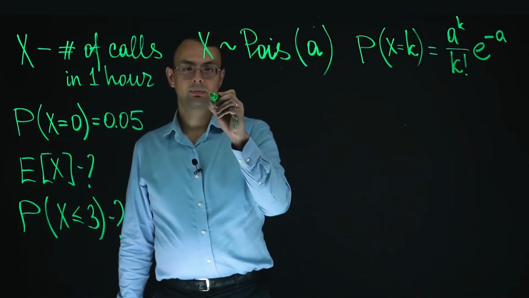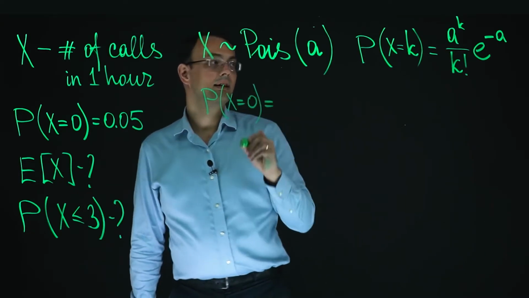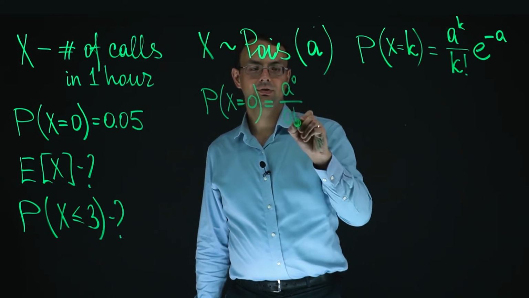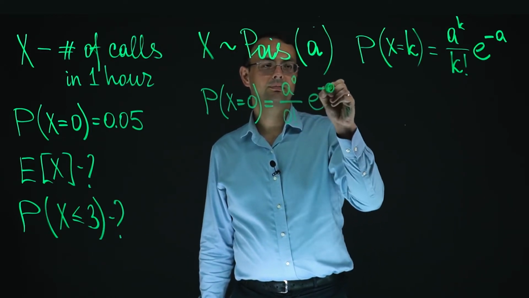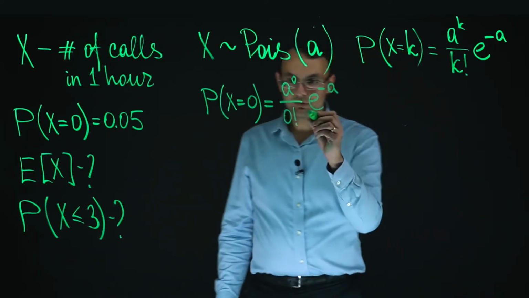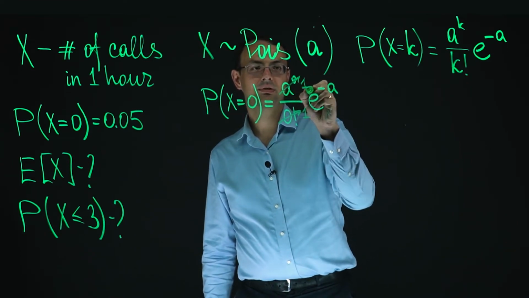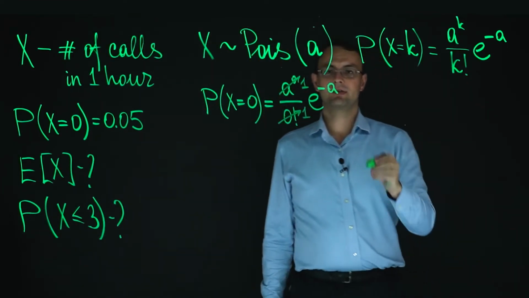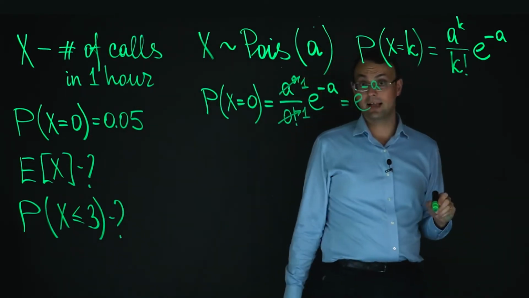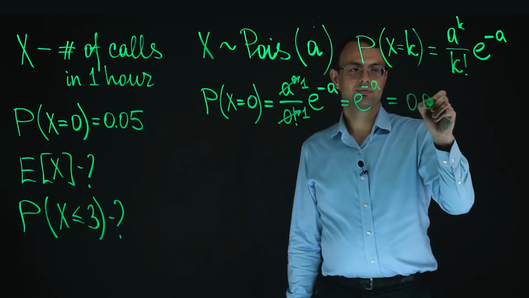So, probability that x is 0 is a to the power of 0 divided by 0 factorial times e to the power of minus a. So a to the power 0 is 1. 0 factorial is also 1 by definition. So 0 factorial is defined as 1. And so we have only e to the power of minus a left, and it is equal to 0.05.